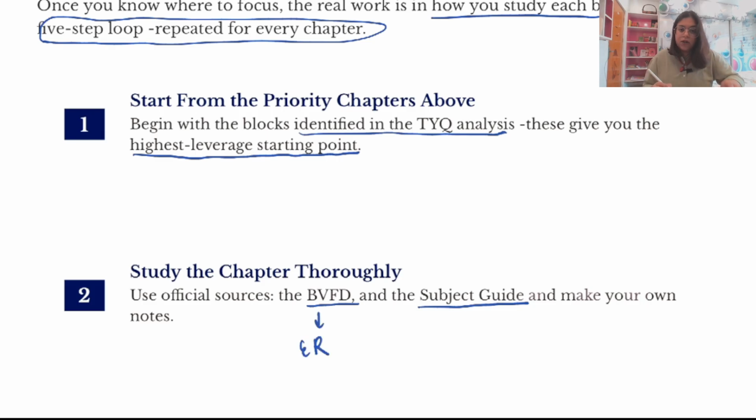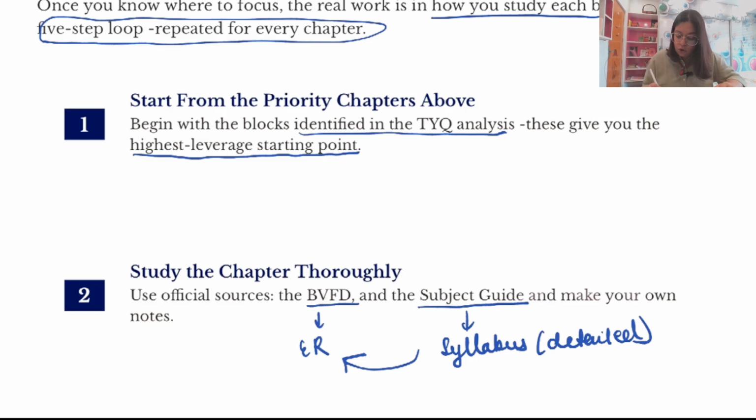I have made a video, I think my first video on microeconomics blocks, that talks in detail about how you can use the subject guide and ER and how they are different. So a brief idea would be the subject guide is like a detailed syllabus which guides us on how we should read the BVFD.